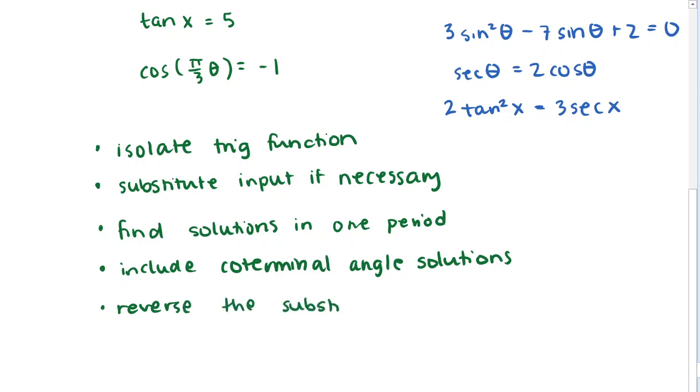In the last example, we substituted u was equal to pi over 3 times theta, and then we solved that new equation, but we got answers in terms of u, which is not what we really wanted. We wanted answers in terms of theta, and so we have to reverse that substitution. And one last thing I should say is that when we want to find the solutions in one period, it might be the case that we need to use inverse trig, but only if necessary. If we can get away without using it, that's ideal.